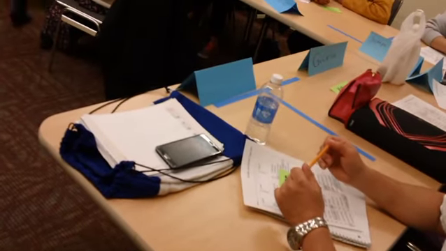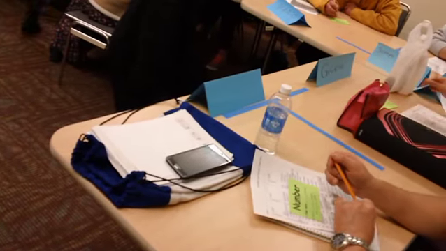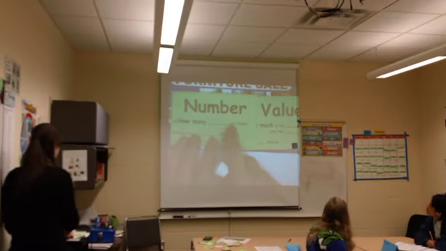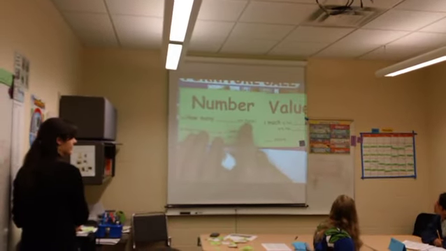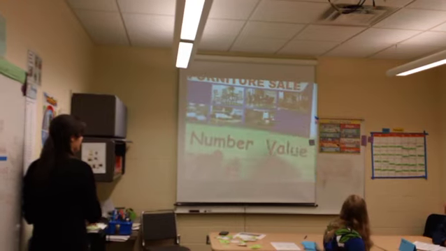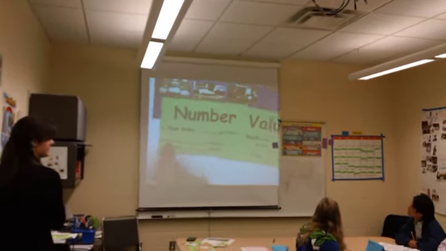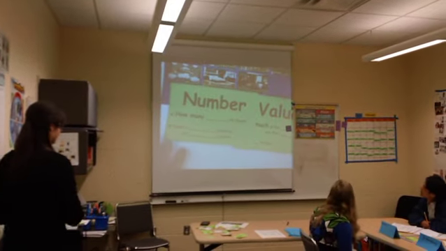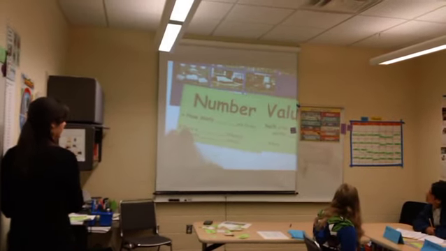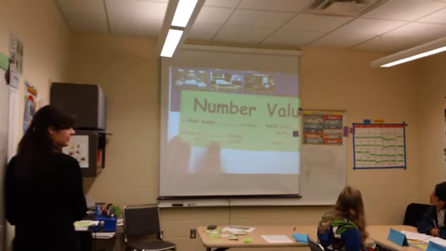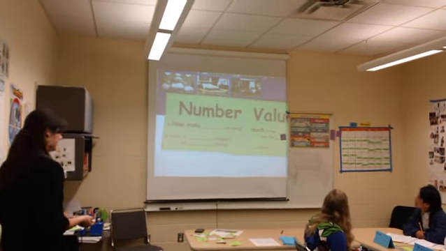Good. How many pieces are there in this one? It's very small. 8. So is or are? Which one? How many pieces? There are 8 pieces. Good.